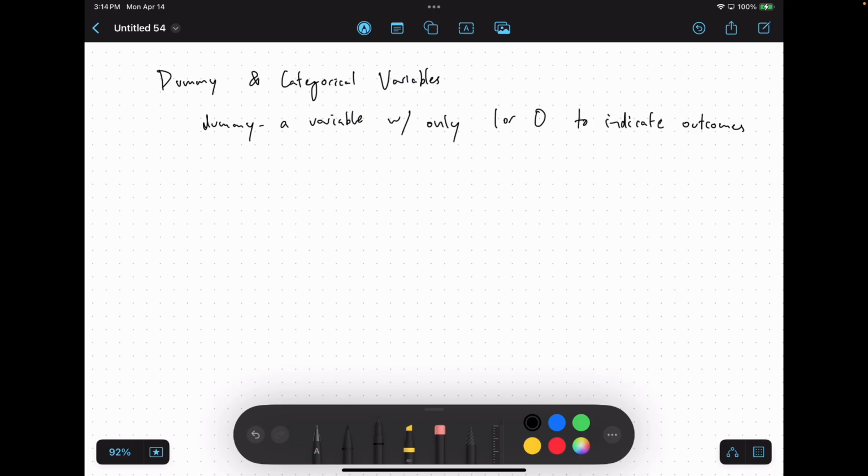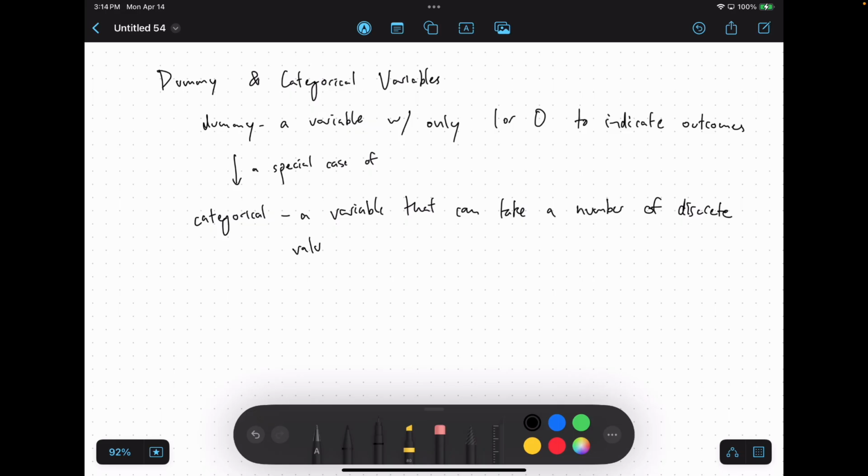And so a dummy variable is a special case of a categorical variable. This is a variable that can take a number of discrete values, right?